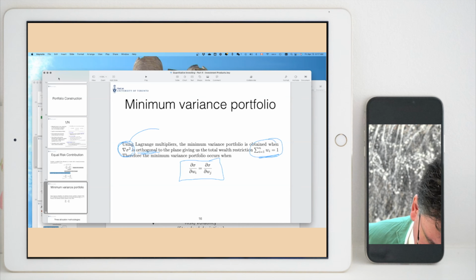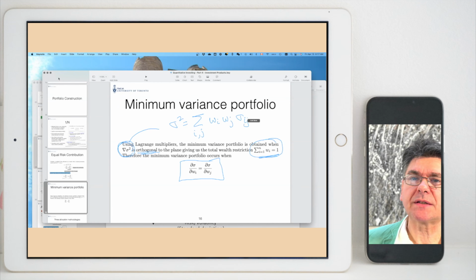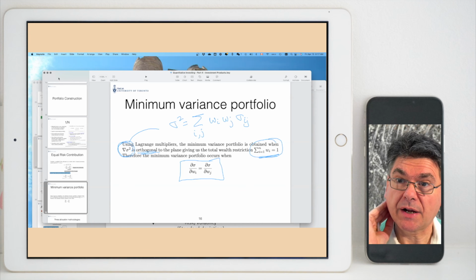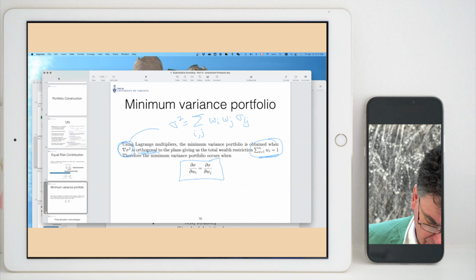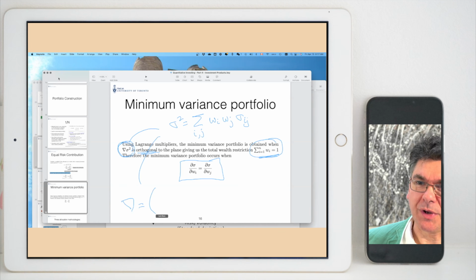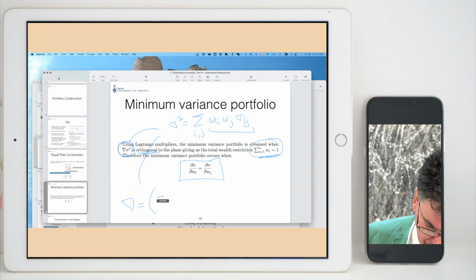Okay? The sigma squared, what was sigma squared? Sigma squared, I remind you, was the sum of all the possible products of the weights and the covariances between the assets. What's the gradient of that? The gradient of that is a vector. You can do this, right? It's a vector which is the partial derivative of my expression here: the sum of my W_j sigma_ij.